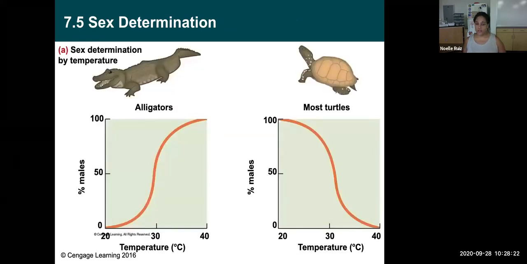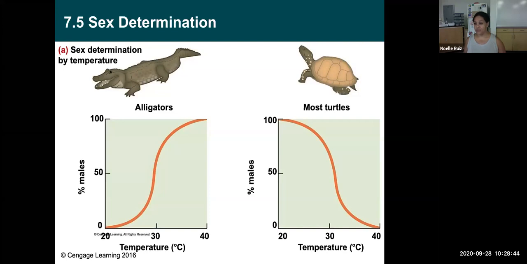Sex determination. In other mammals, in other animals, sometimes sex is determined by temperature. This isn't necessarily true for us, but other things are true for us. This is just an example. So alligators, if their eggs are fertilized at higher temperatures, there's a higher percentage of males.